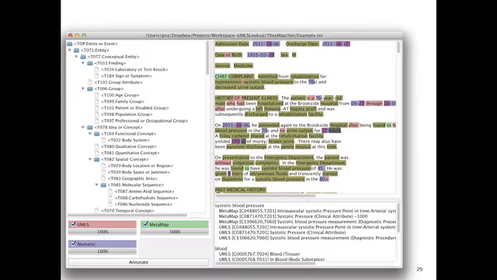I built a tool a few years ago where if you populate it with one of these discharge summaries, it tries to color code the types of things that it found in that summary.